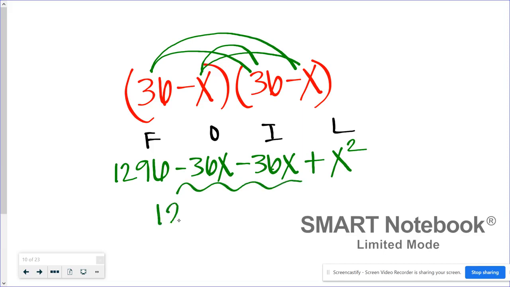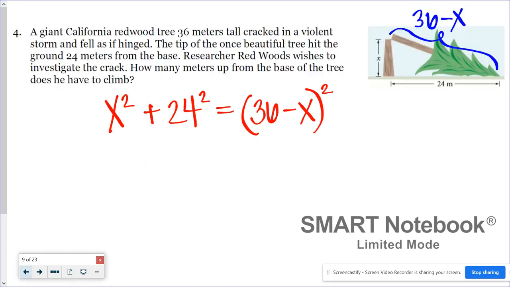And so I would have 1,296 minus 72x plus x squared. So I'm going to write that here. We just had 1,296 minus 72x plus x squared.